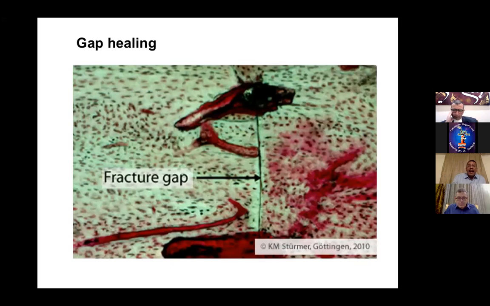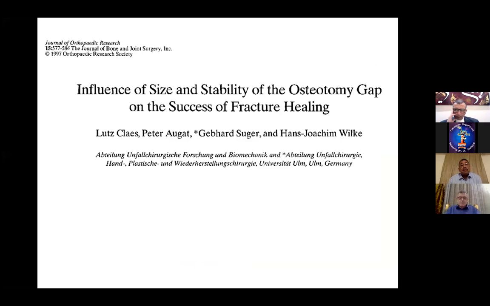How can the physiology of the bone overcome this gap under the conditions of absolute stability? This is a very tricky point, because the influence of the size of the gap will determine the success or failure of fracture healing.